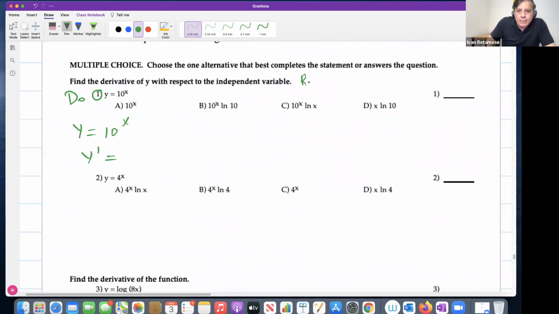And as a formula, I will write right here, recall the derivative of b to the x with respect to x is equal to b to the x itself times natural log of b, to compensate for the fact that this is not e. It's just some real number b. So use that formula, try to figure this out.